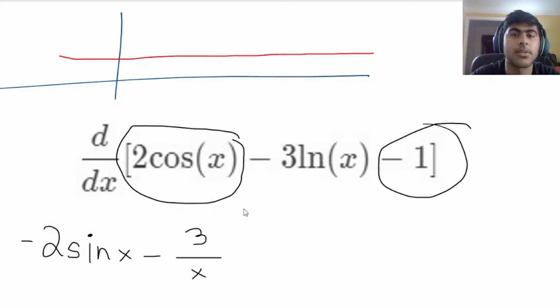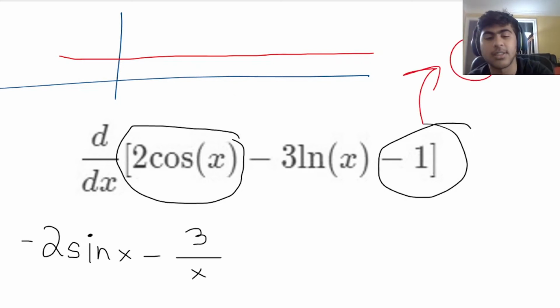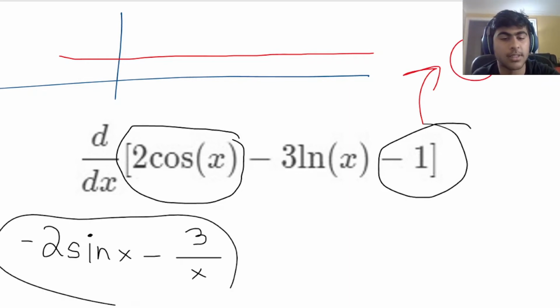That's my constant, and it doesn't change. So if you try to do rise over run, the rise is always 0. It doesn't matter how much you run, the rise is going to be 0. So there's going to be no slope, which means your derivative is always going to be 0 because it doesn't change. So the derivative of constants is just 0. So our answer is just negative 2 sine x minus 3 over x.